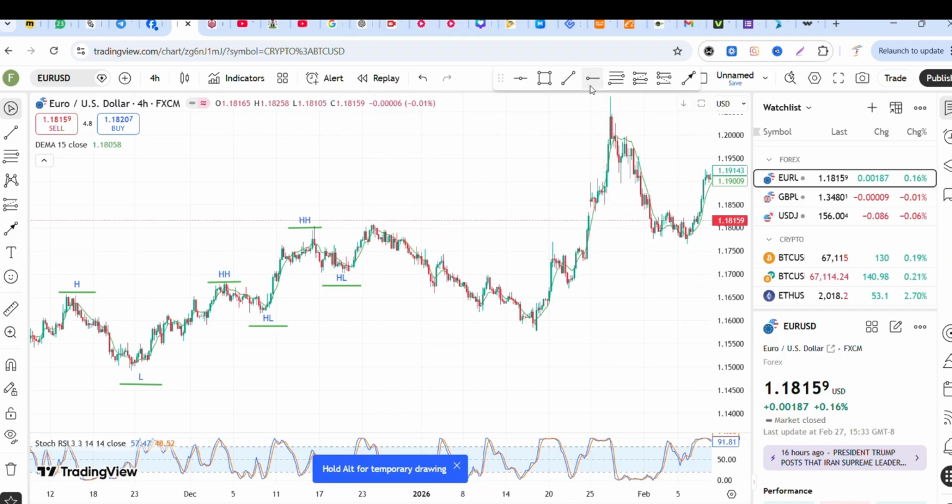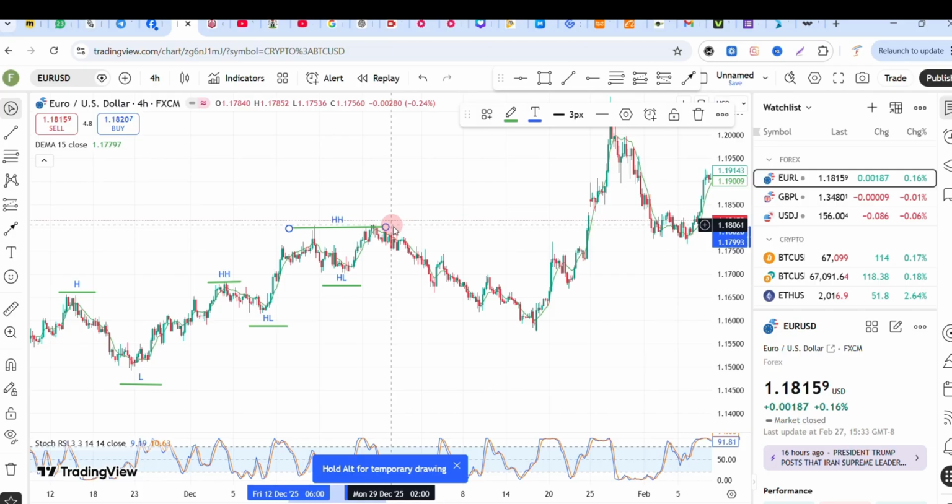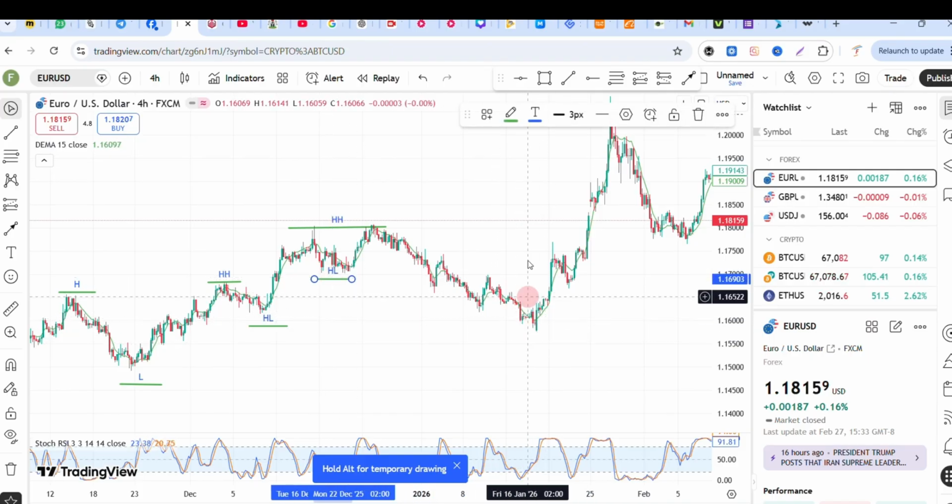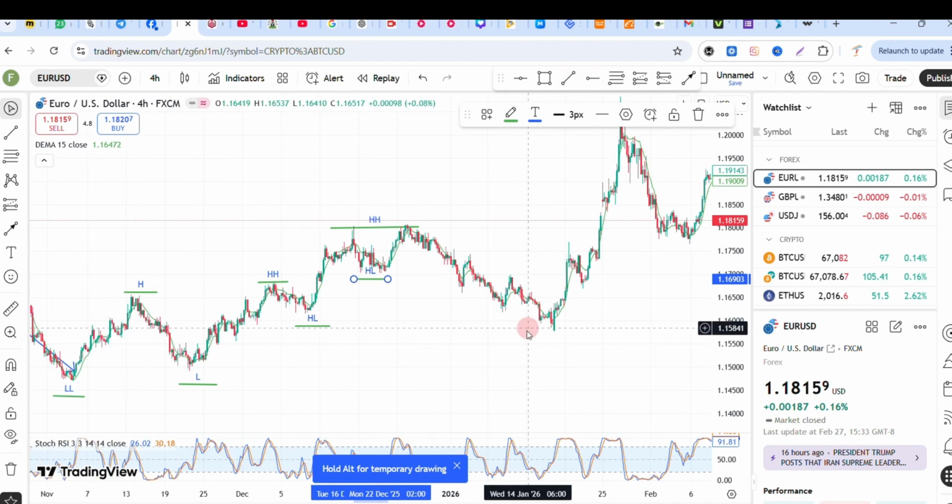So we'll take another higher high. From this point to this point looks almost the same, right? So we can just mark it out like this. Then this low, there's something we call this in the market, but we won't call this a lower low right now.